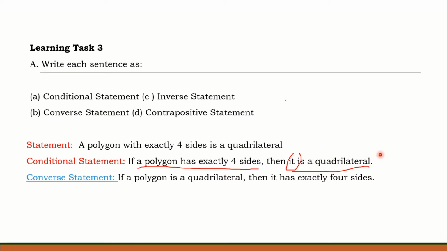So it is a quadrilateral becomes our hypothesis now, then it has exactly four sides becomes our conclusion. Still, our polygon, we put at the front, since that is what we are talking about.